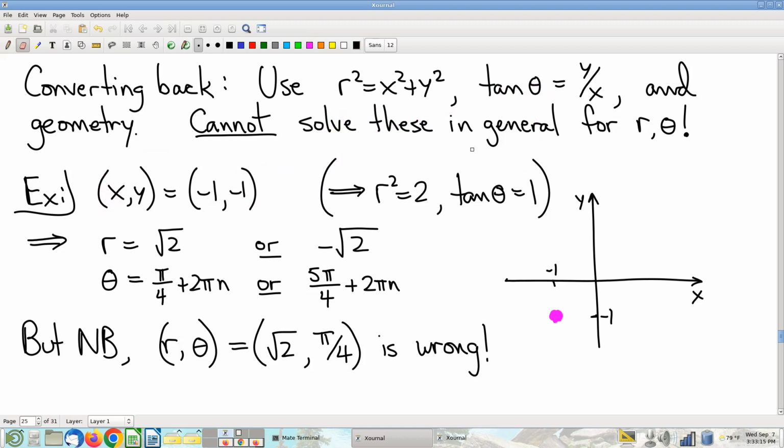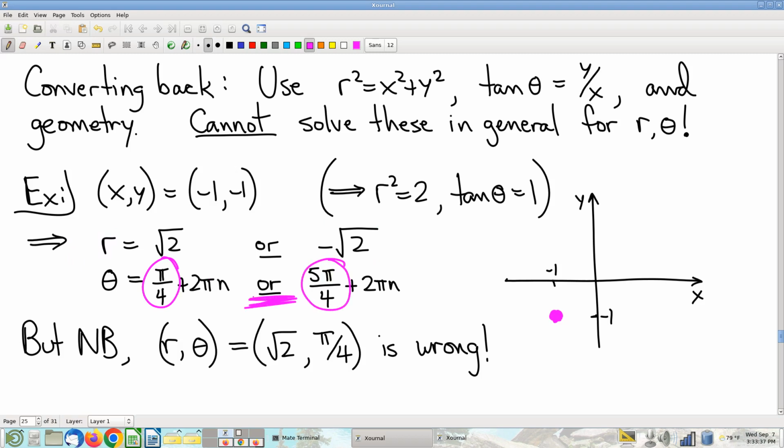And from that, you can pretty readily conclude that r has to be one of these numbers. Which one? Yet to be determined. We'll think about that in a second. And theta should have to be, I'm going to loosely say, pi over 4 or 5 pi over 4, one of those numbers.